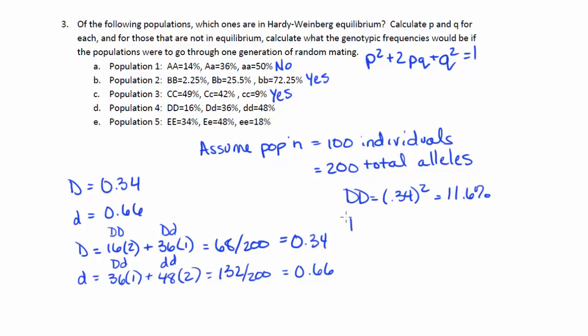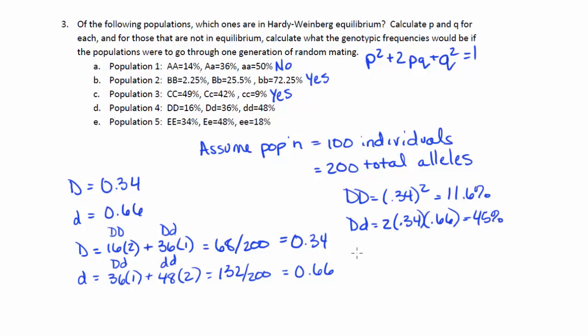If we calculate for the heterozygous ones, it's 2pq, so 2 times p, which is 0.34, times q, which is 0.66. And so we get about 45% if we round it.